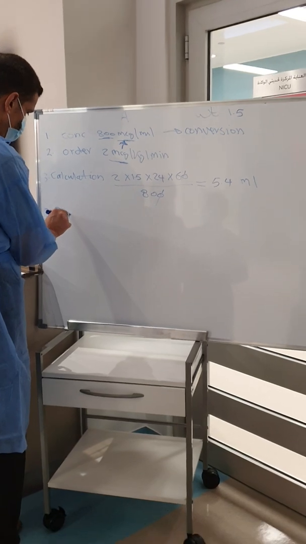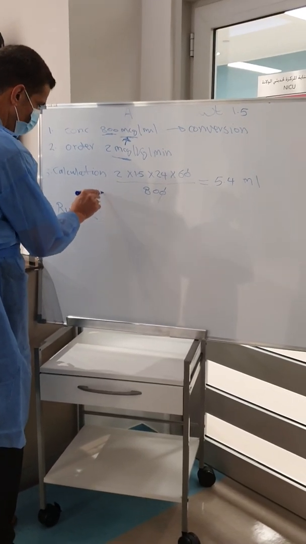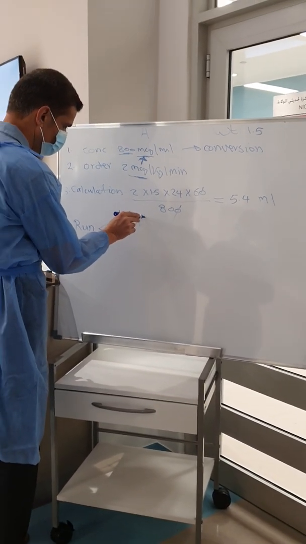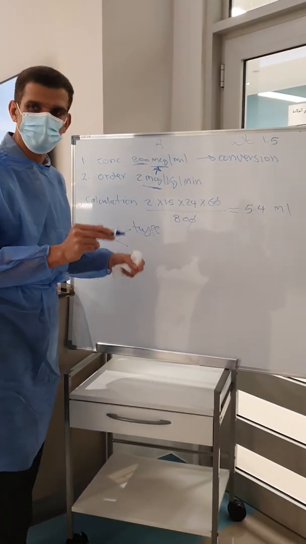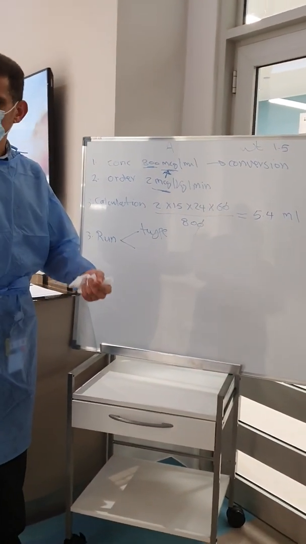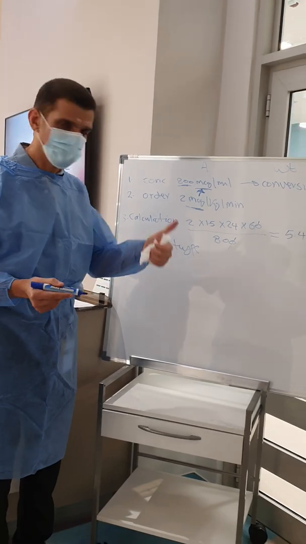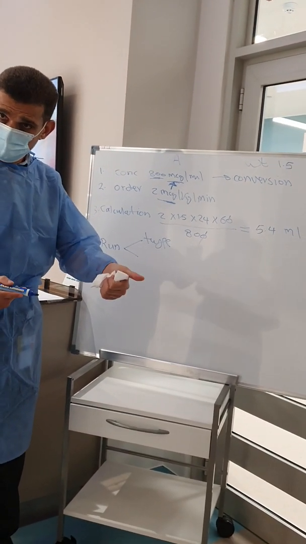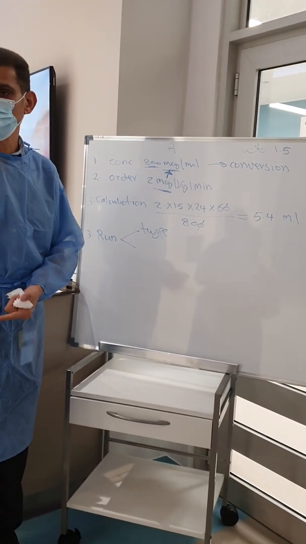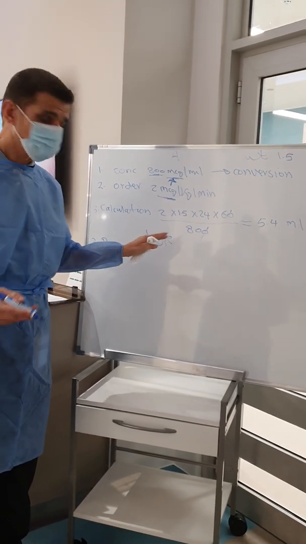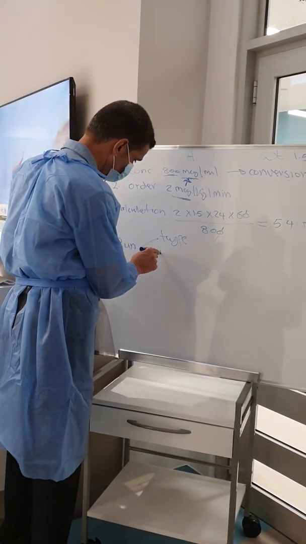So in the run, you need 2 things. Type of the fluid: is it D10, D5, normal saline, half saline? This depends on the glucose level of the baby and the sodium level of the baby. Then you need the volume.